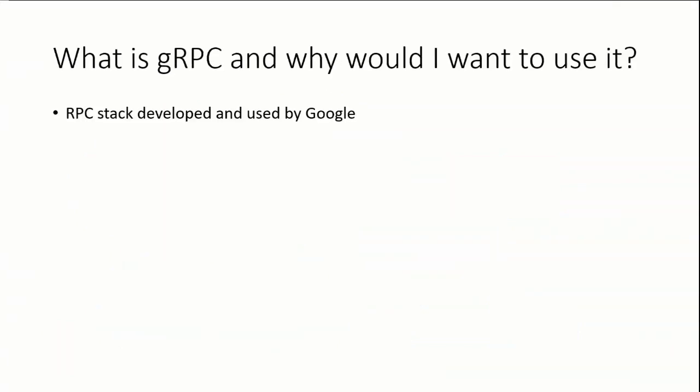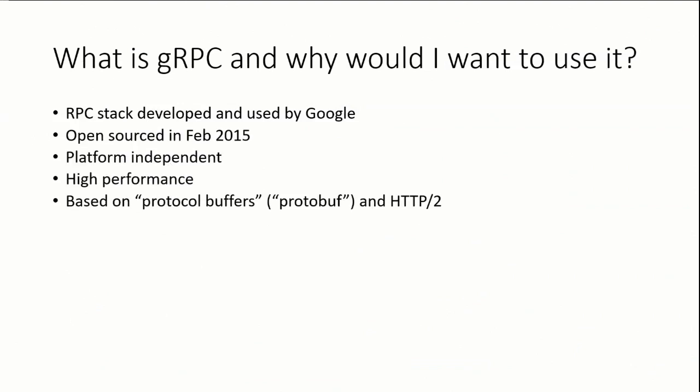So gRPC is an RPC stack by Google, and one of the key things about it is it's platform independent. It's from the ground up. It's designed to be based on the protocol buffers data format, serialization format.